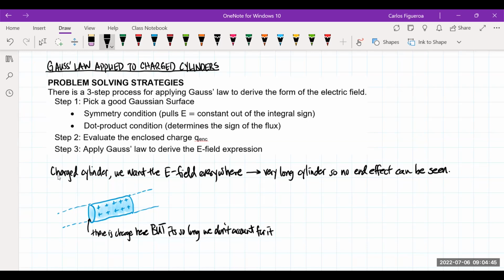Now, what are some of the details here? We know it has some length that we're going to look at, and we know it must have some radius R. So this is a side view. But now, how am I going to look at Gaussians here? So now I'm going to focus on Gaussians.